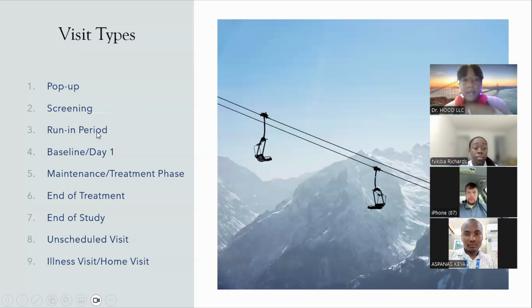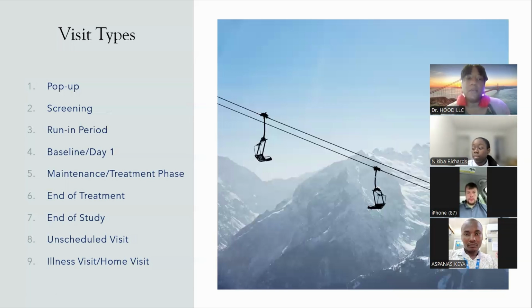The run-in period, not all clinical research trials have a run-in period, but this is a situation where you can have this type of visit, and it's when the study participant has passed all the screening procedures, but either the drug is very sensitive, or it has a lot of adverse events, or it's very expensive, whatever the reason the sponsor has decided to do a run-in period.